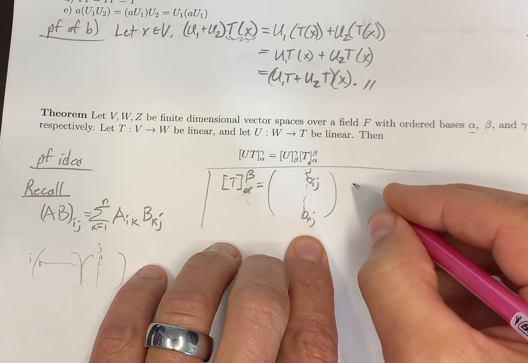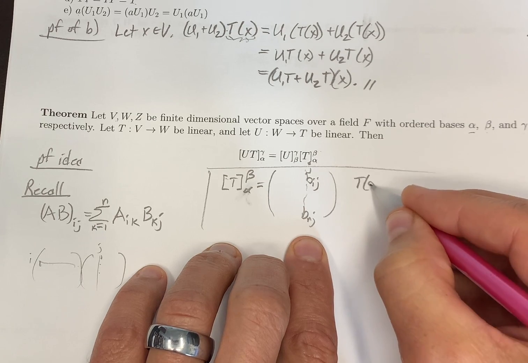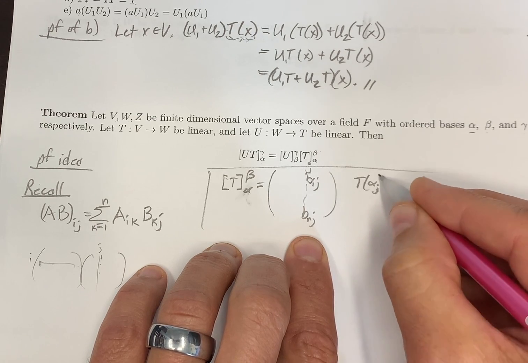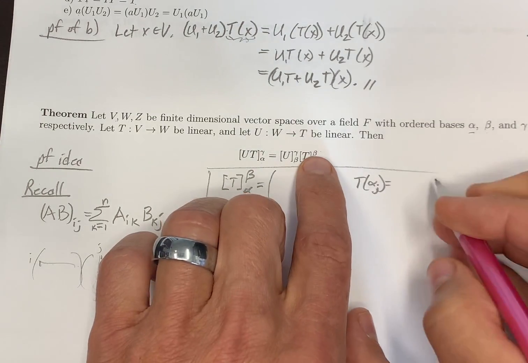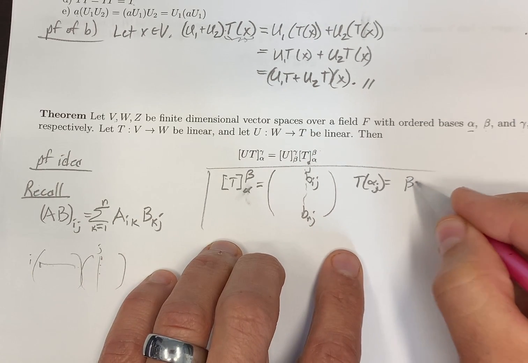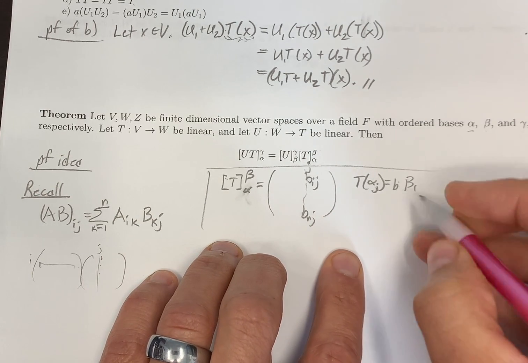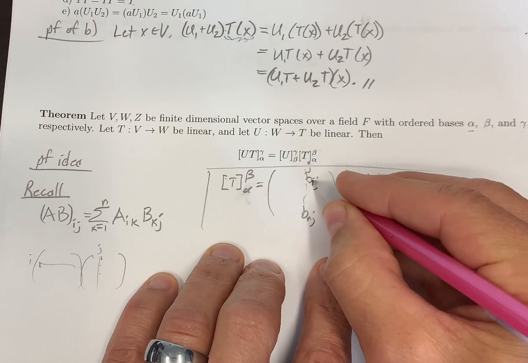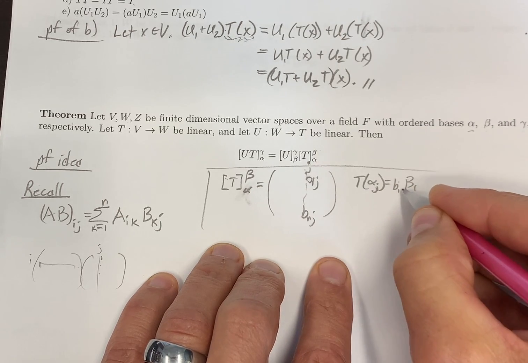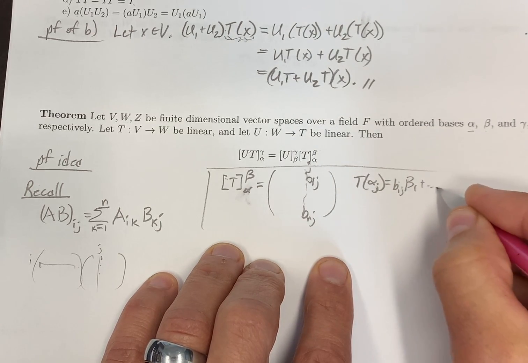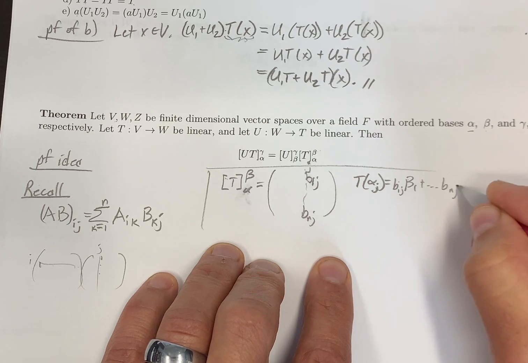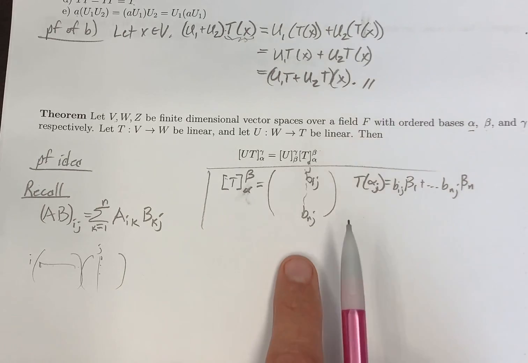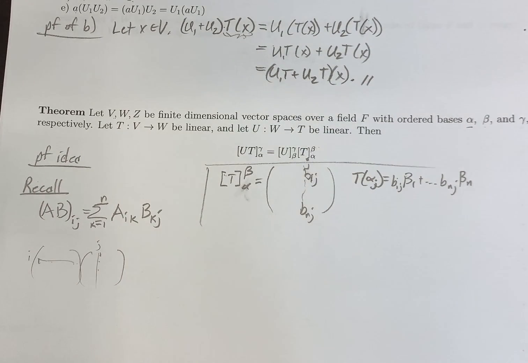Those are the coefficients of T of alpha j in terms of the basis beta. So we got beta 1, b1j out to bnj for beta n, right? That's really what this column is, right?